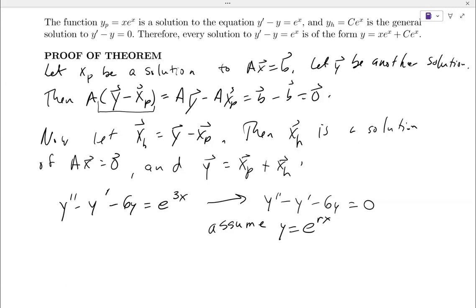If I take the second derivative, I would get r squared e to the rx. Take the first derivative, you get r e to the rx. What can I factor out of every single term? E to the rx.